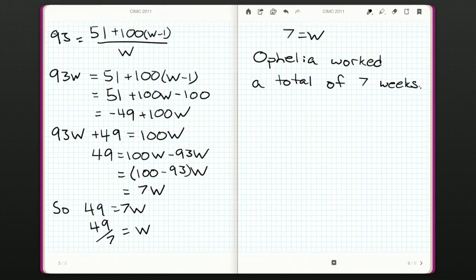That's one way we could do it. If we had our calculators handy, we could do it another way.